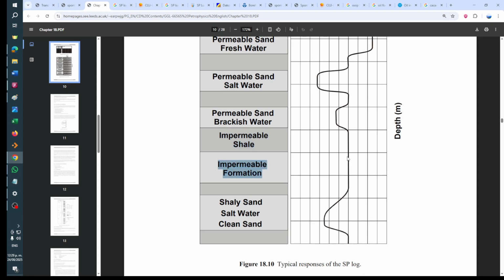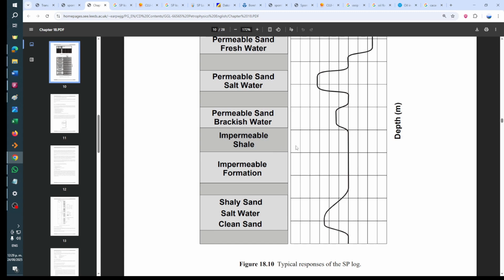But if the salinity is not changing, or if both are impermeable, it doesn't matter that they have different lithologies. The SP curve will not recognize that because it's not sensitive to that.